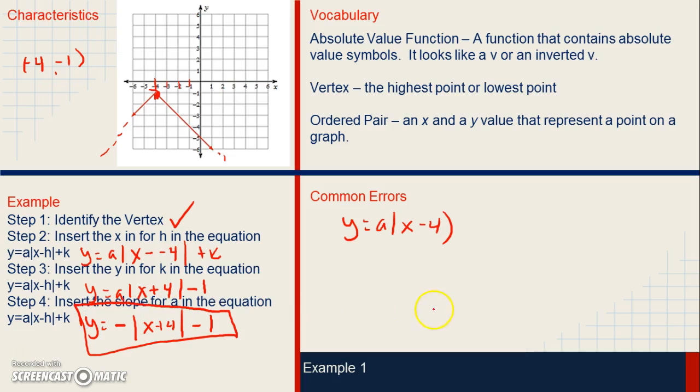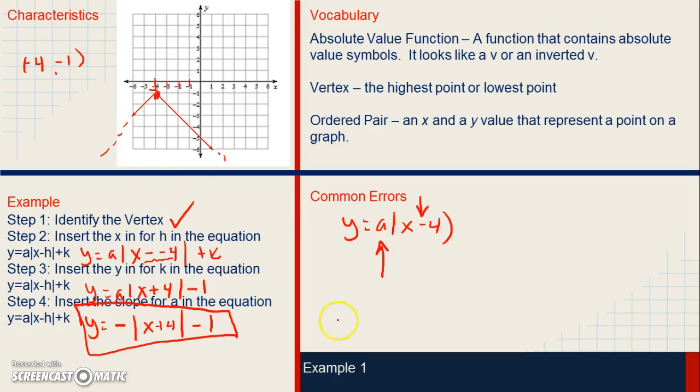Good luck, guys. Remember the common errors. First one is to make sure that if it's a double negative, like it is over here, you make it into a positive, like it should be here. And the other common error is that sometimes we forget to put in our negative if it's pointing down.